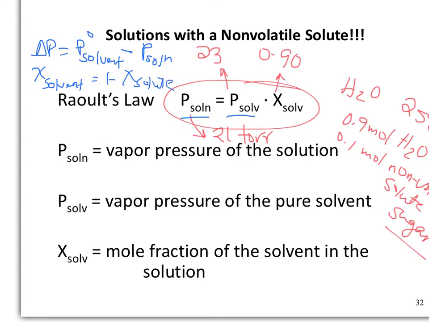So if you knew the mole fraction chi solute, you can always plug in that value into Raoult's law, and your Raoult's law will start looking like P solution is going to be equal to 1 minus chi solute times P solvent.